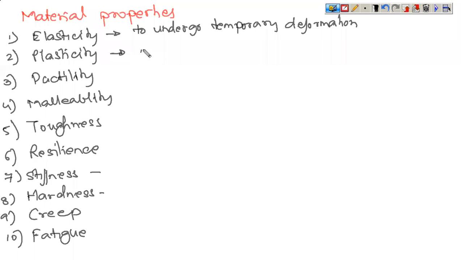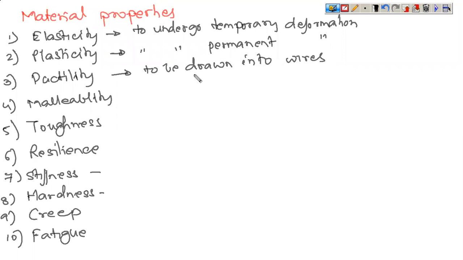Now plasticity means the ability of the material to undergo permanent deformation. Ductility means the ability of the material to be drawn into wires. Malleability means the ability to be beaten down into sheets.